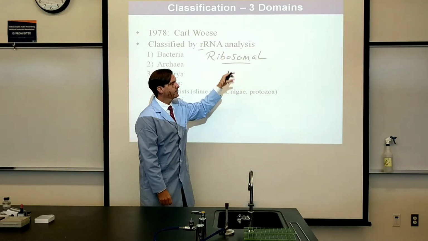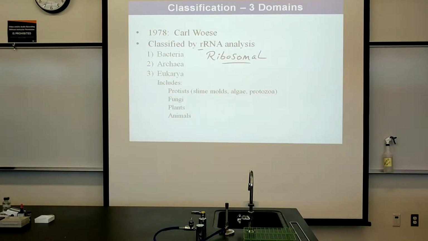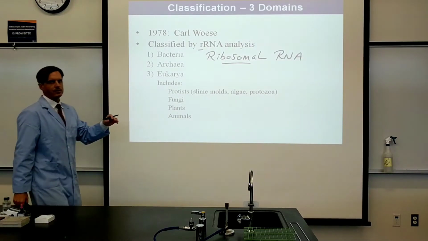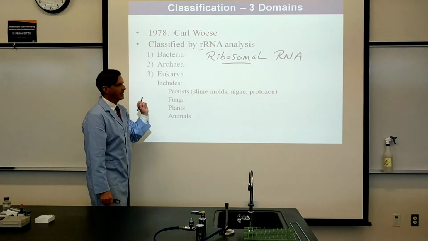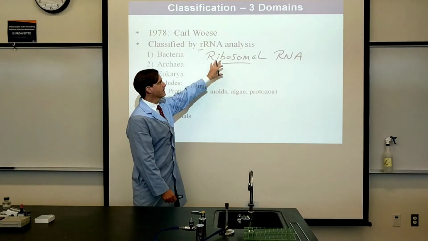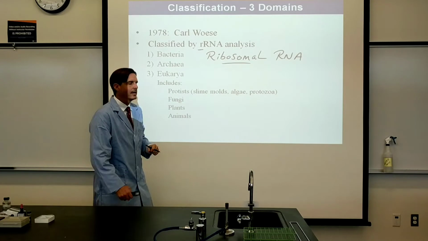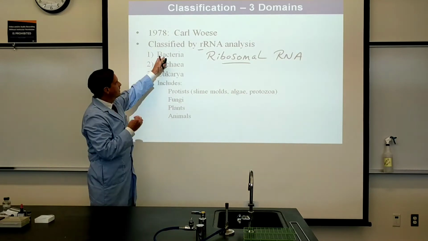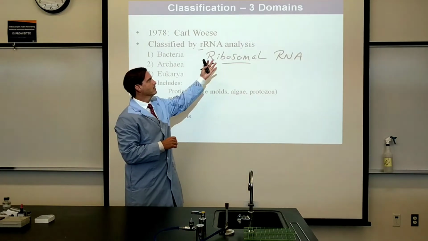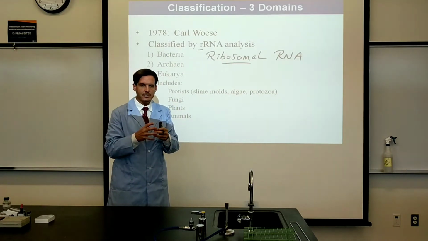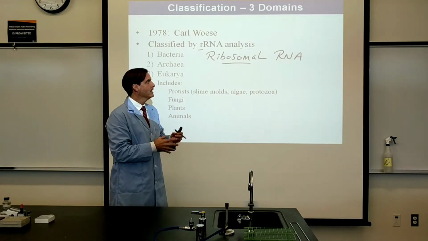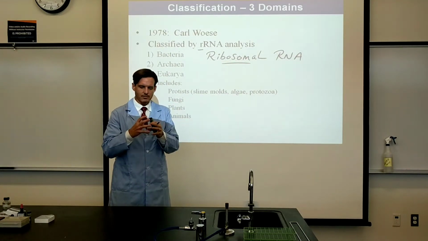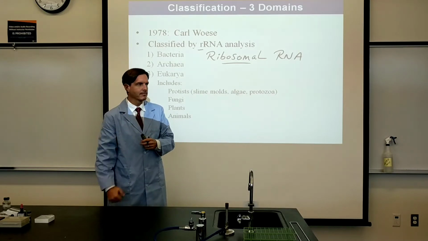So looking at the ribosomal RNA, it became apparent that there were 3 major domains or groups of life forms that had very similar ribosomal RNA. And so bacteria are known to have very similar ribosomal RNA that they use to make their ribosomes and then make their proteins from that.